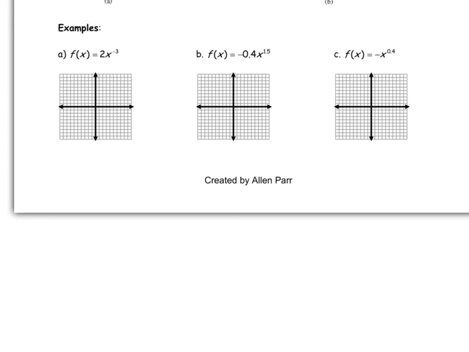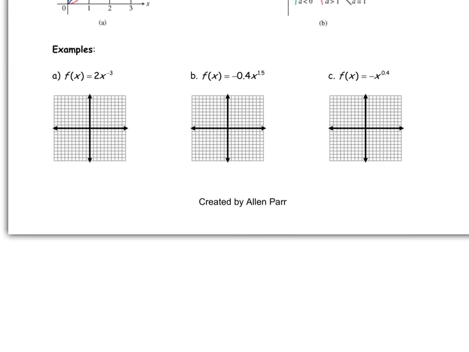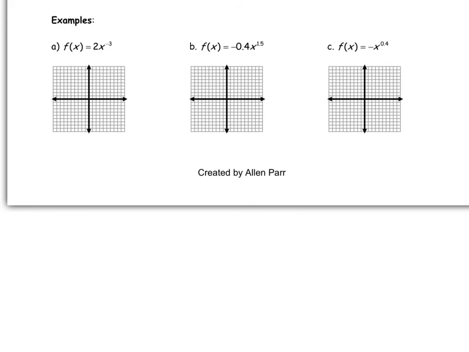So the first example is f of x equals 2x to the negative third power. The first step is to decide which one this looks like. I'm not given very much room to graph, so be patient with me.